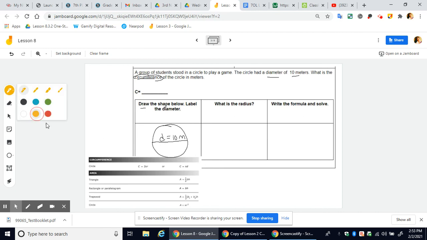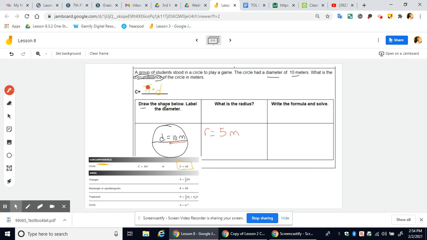So if I look at circumference here, I can either use 2 times pi times r or pi times d. And I know that we've definitely been using pi times d. However, it's always important to find your radius of your circle. Well, I know my radius would be half of the diameter, so that's 5 meters.